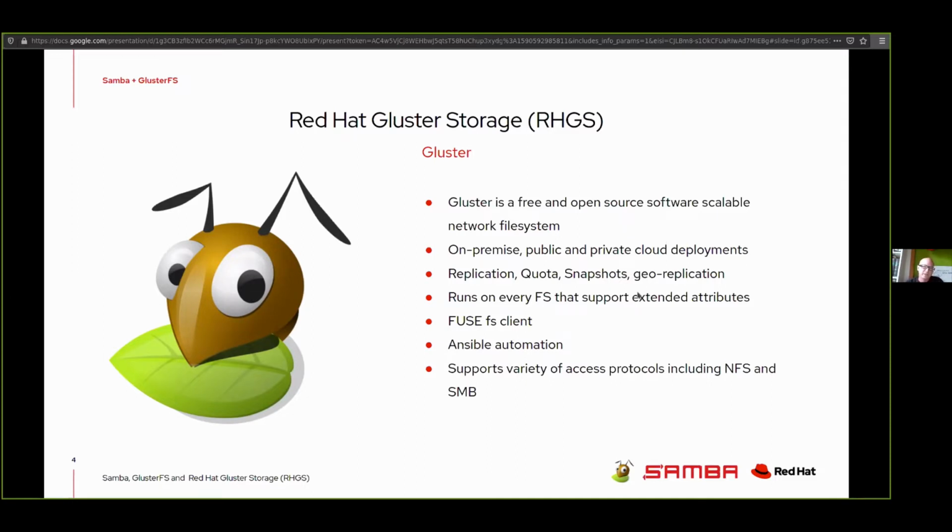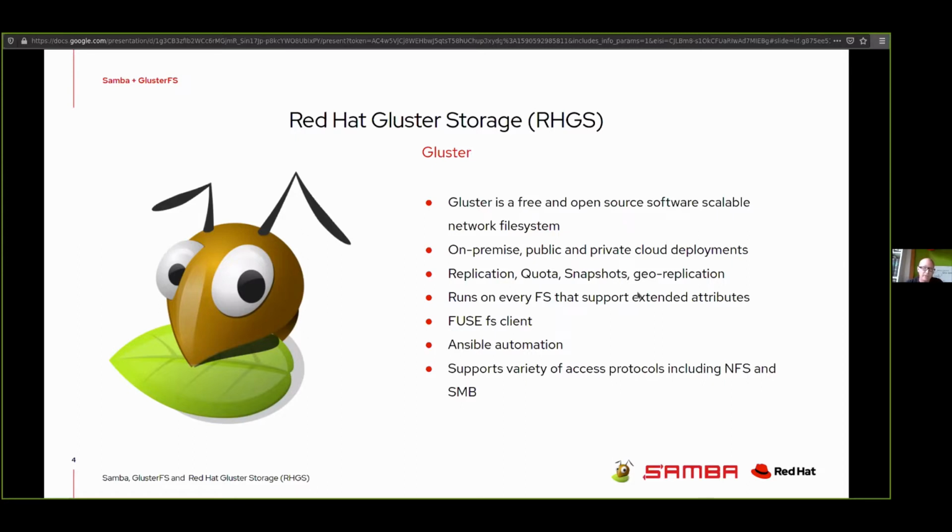It's a full stack clustering solution, including many important features like replication, quota, snapshots, geo-replication, so kind of a concept of having sites like in the Windows world, where you can asynchronously replicate your data contents. There are many other features, of course, that I don't mention here on my slides. You will find them in the very well and nicely provided documentation on Gluster upstream, as well as from the Red Hat Gluster storage product on the Red Hat sites.